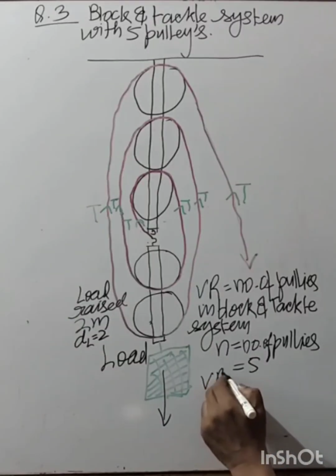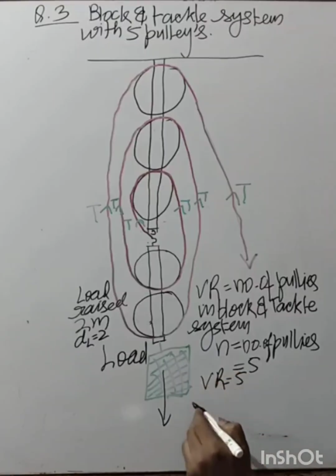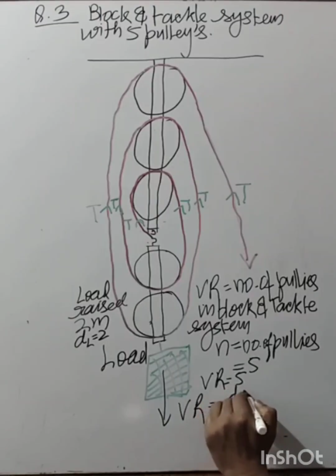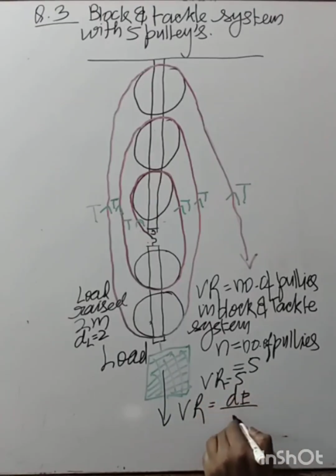Velocity ratio is 5. So velocity ratio is equal to effort arm upon load arm.